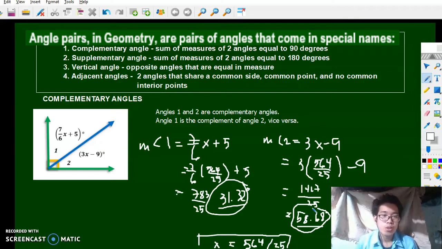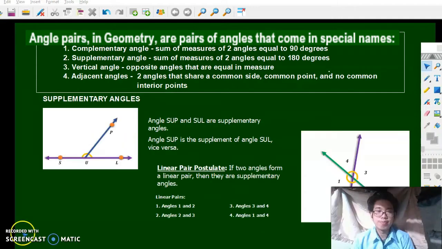That proves our statement that the measurements of angles 1 and 2 are correct. We also have the value of x, which is 564 over 25. Well done for computing the values of algebraic expressions using complementary angles.